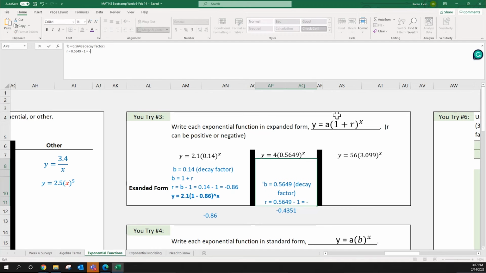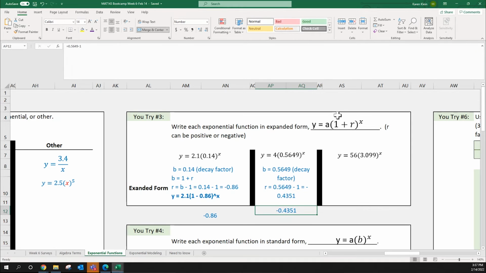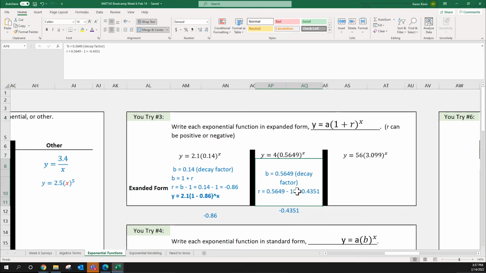That gives me a negative 0.4351. So my equation is going to be y equals, my a is a 4, and I have 1 plus r. So again, I'm going to have a 1 minus 0.4351, and that's to the power x.